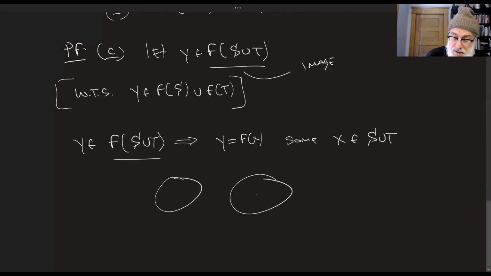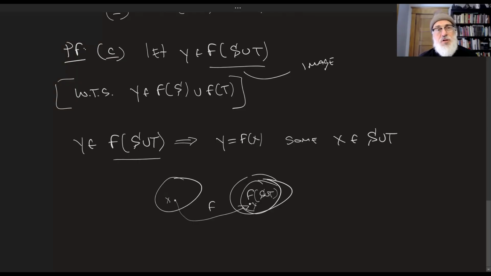I have f of S union T, and that's here, let's say, and I have some element y. Because it's in the image, I know there's some element x such that the function takes it to here. So we know that under the function, this is true.